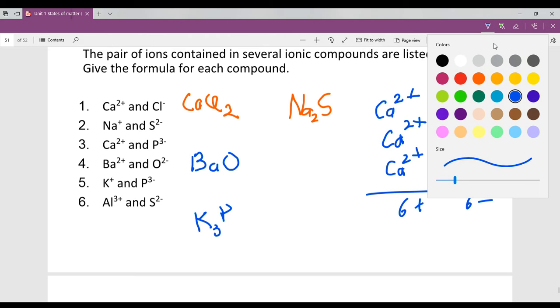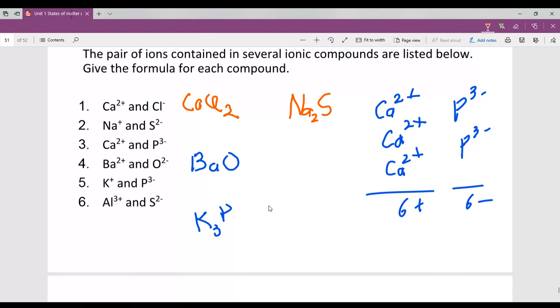Let's try a different color, let's see, red. Because Al is 3 positive, you will need 2 of those. And then sulfide is 2 negative, right? Need 3 of those.